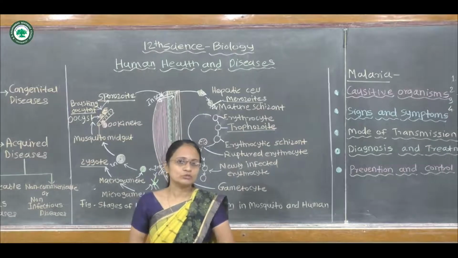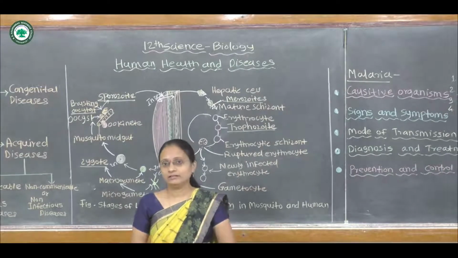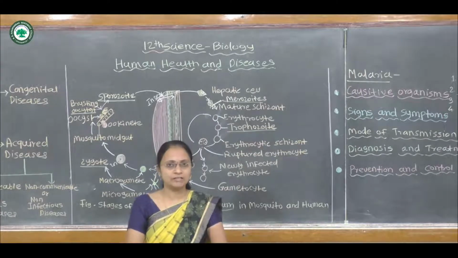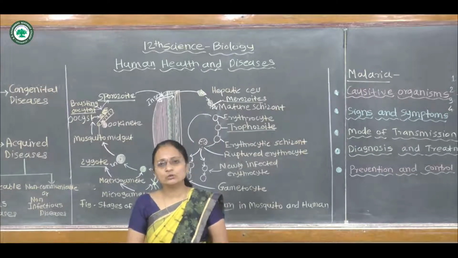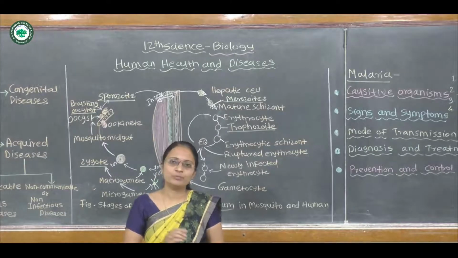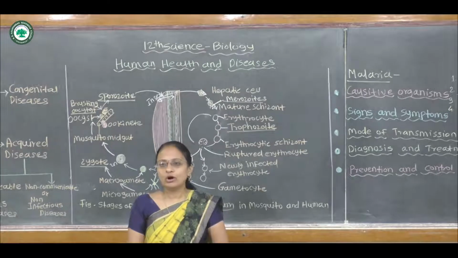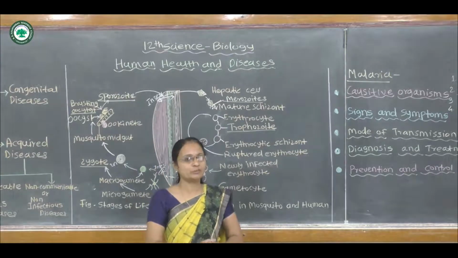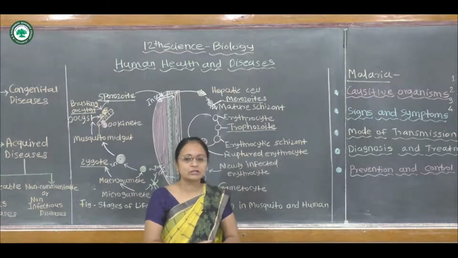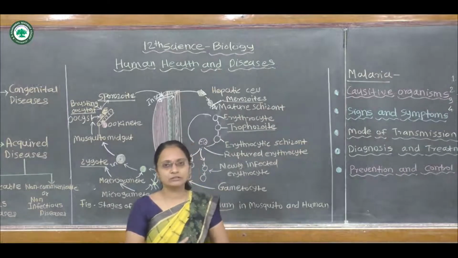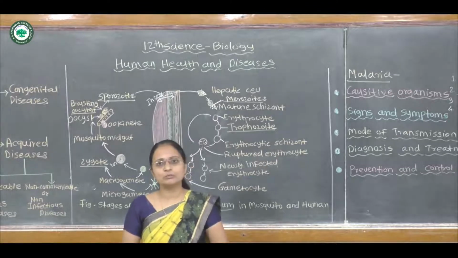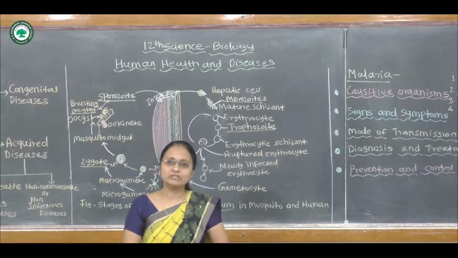You can use mosquito nets, as well as various types of insecticide available in the market, sprayed in your home. Also avoid storing stagnant water in one place, because larvae may grow in that stagnant water and be responsible for spreading such diseases.